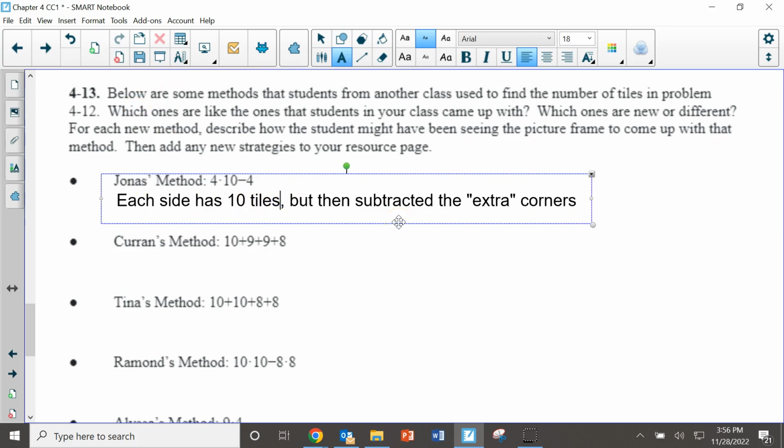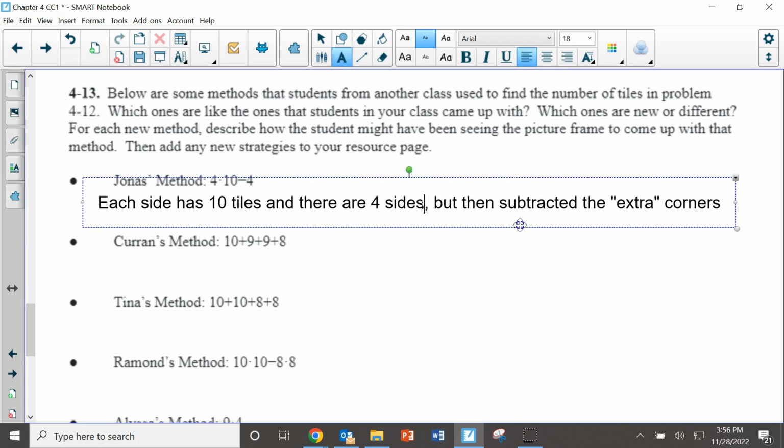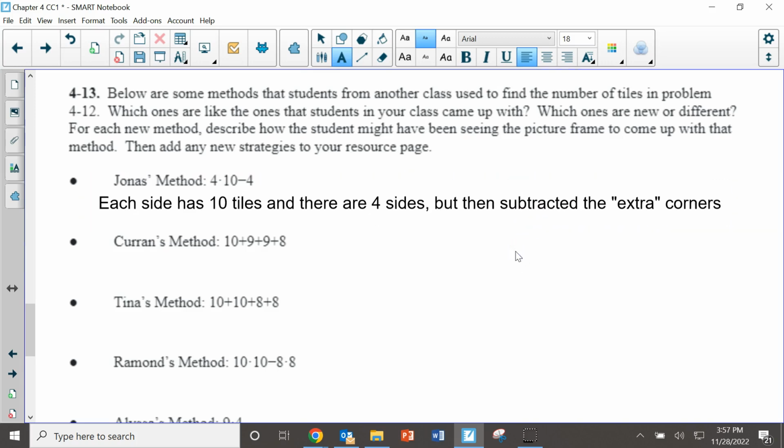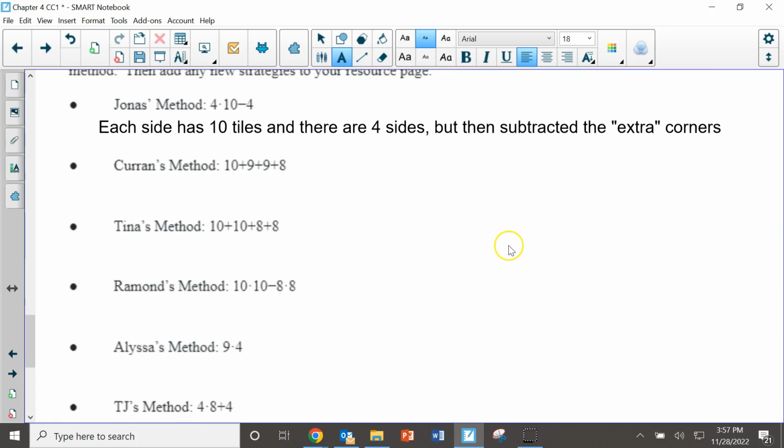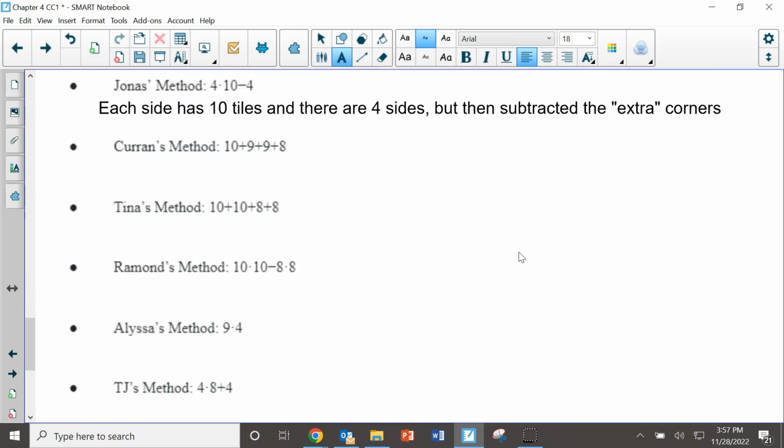Each side has 10 tiles, and there are 4 sides. So that's where our 40 comes from, or 4 times 10. And then he subtracted the extra corner. So that's how I would put his into words. So go ahead and pause this and put Curran's, Tina's, Raymond's, Alyssa's, and TJ's methods into words.